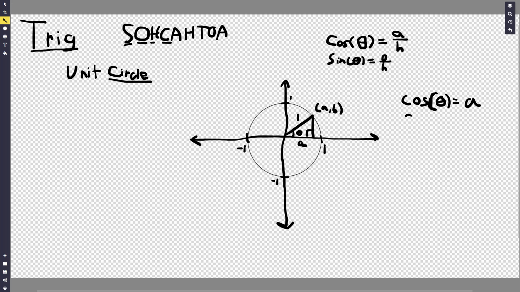And sine is equal to opposite, which, looking at this coordinate, is B. And what's our hypotenuse? It is 1, so it's B divided by 1, or just B. So the coordinates AB can be rewritten as the cosine of our angle and sine of our angle. This is why unit circles are so important, because we can see the relationship between cosine and sine.